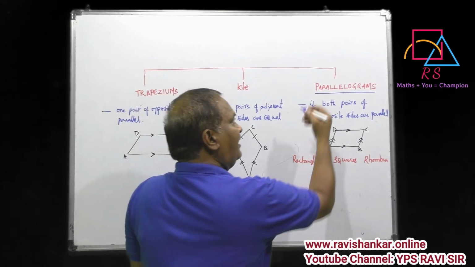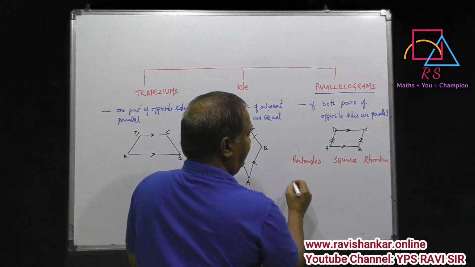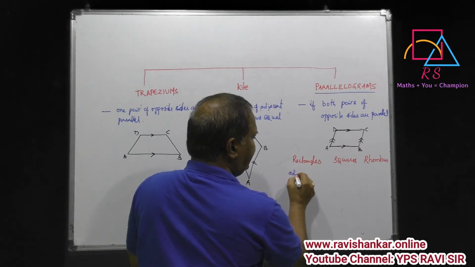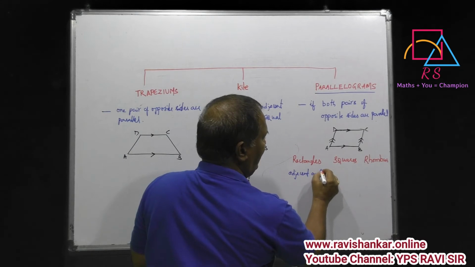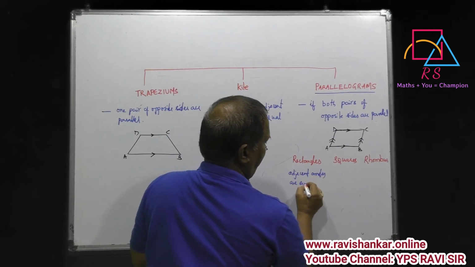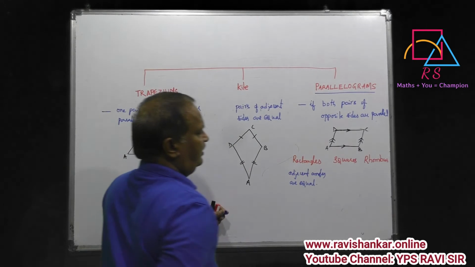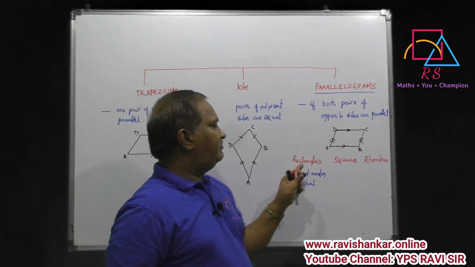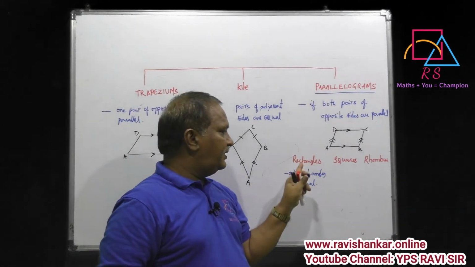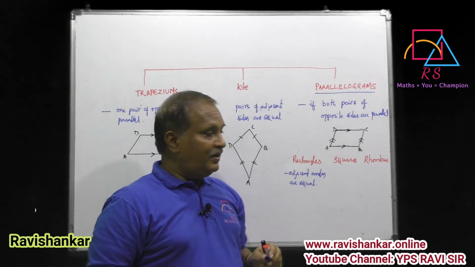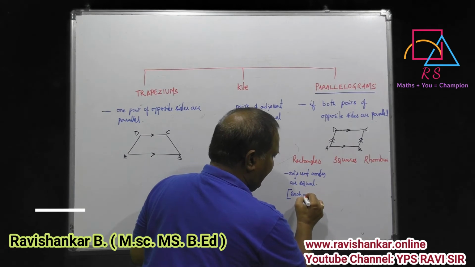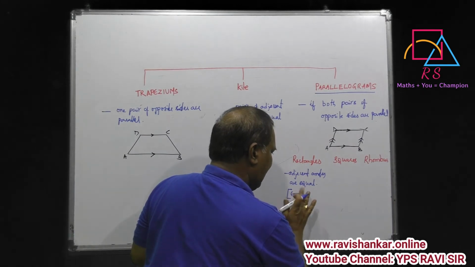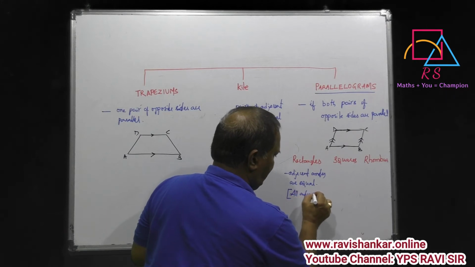When does a parallelogram become a rectangle? If adjacent angles are equal, then the parallelogram becomes a rectangle. Otherwise, each angle is 90 degrees, or you can say all angles are equal. That is also okay.